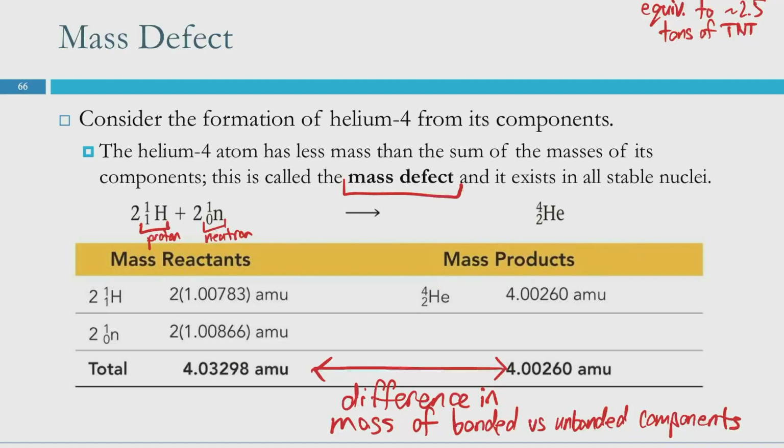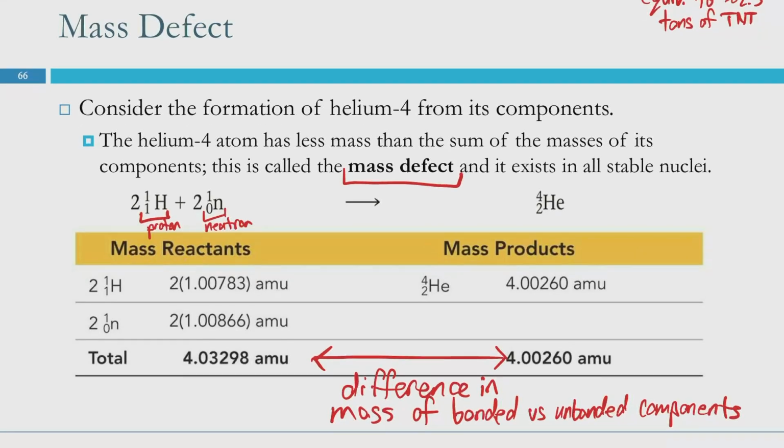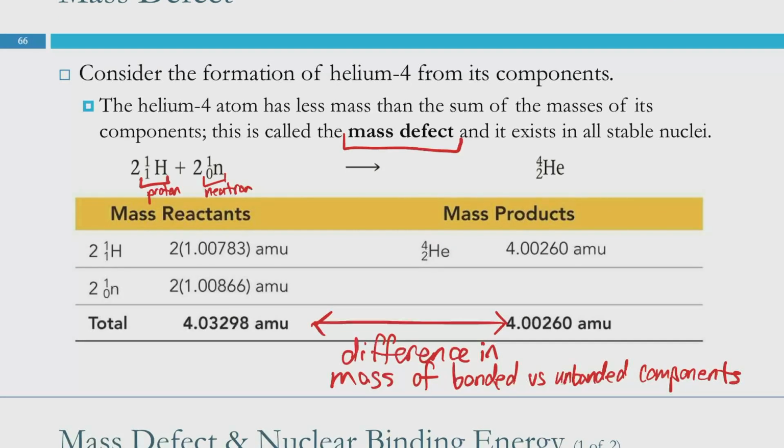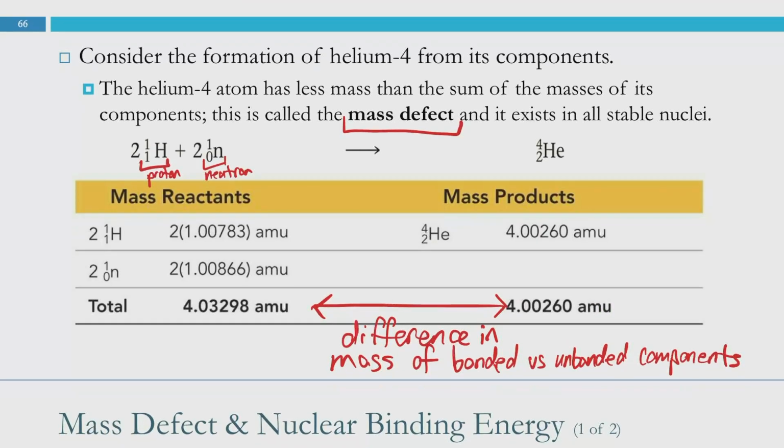That's going to exist in all stable nuclei. And bonded here, we're not talking about covalent bonds, just them being stuck together, glued together with atomic glue. And the mass is going to be less than what we expect, at least in this case.